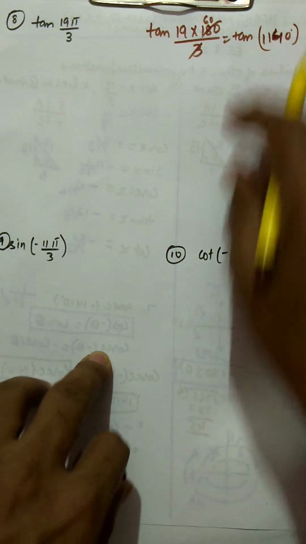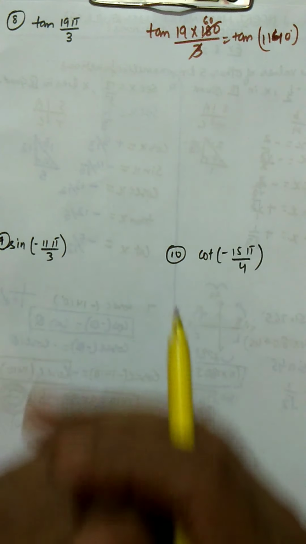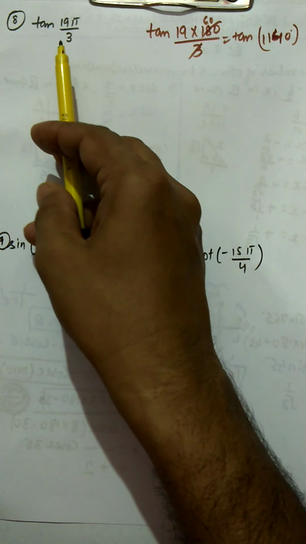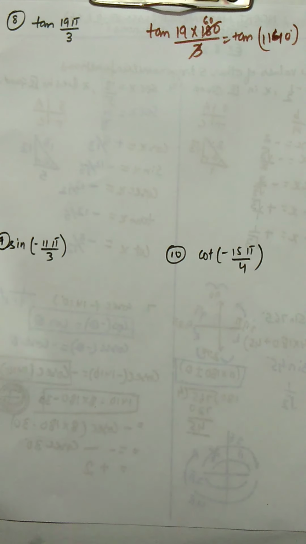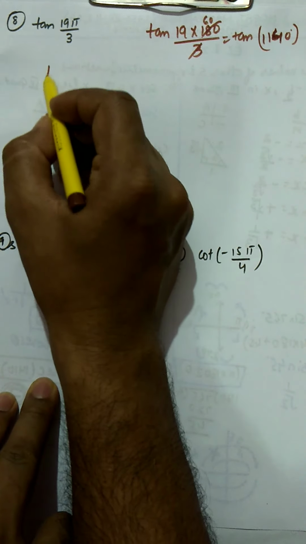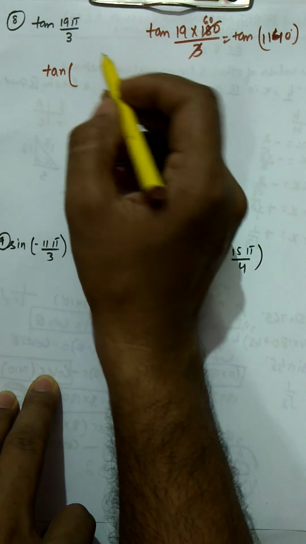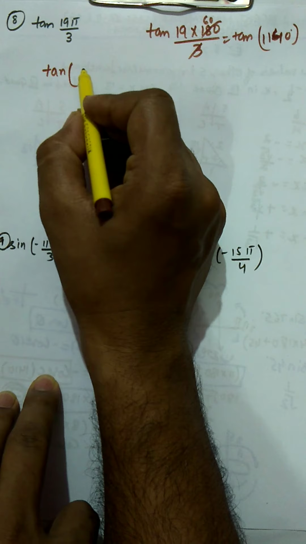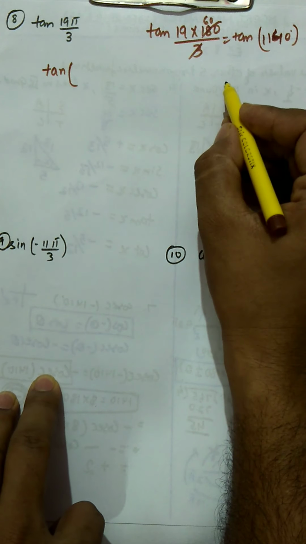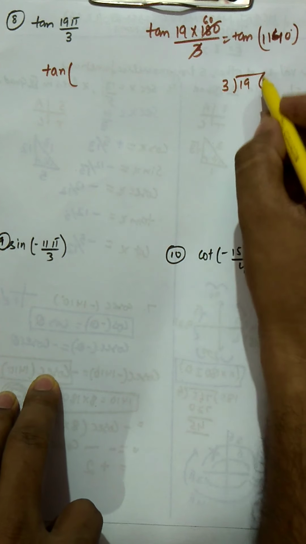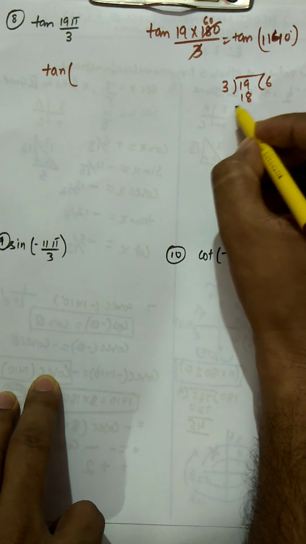So now either you solve 1140 in degrees, or we can directly solve this in terms of radians, and better you learn to solve directly in radians. So whenever you get an angle like this, you always divide. I'm doing it for you here. This is 3, you do 19 first. 3 sixes are 18, and the remainder is 1.